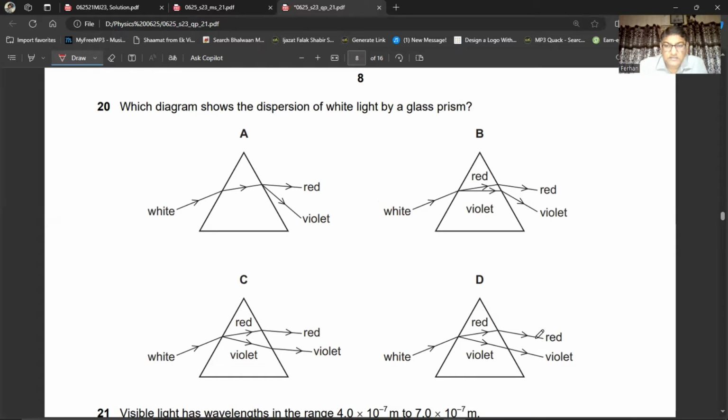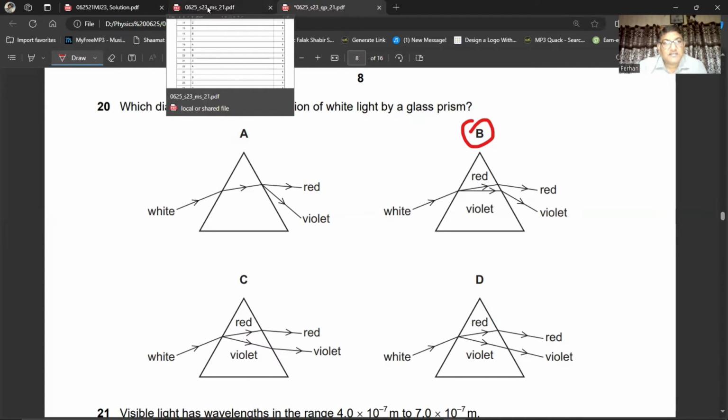Same problem here, the rays are parallel. And this ray, when entering the air, has not changed its path. That's why it's wrong. To me, B looks the best. Question number 20. Let's see what the answer is.